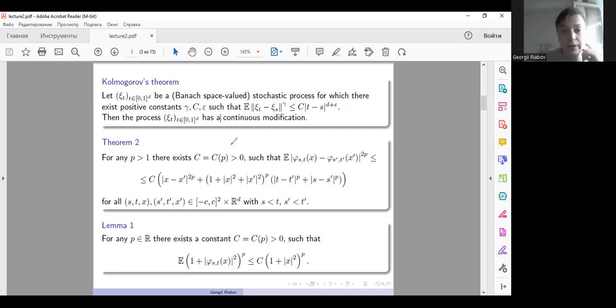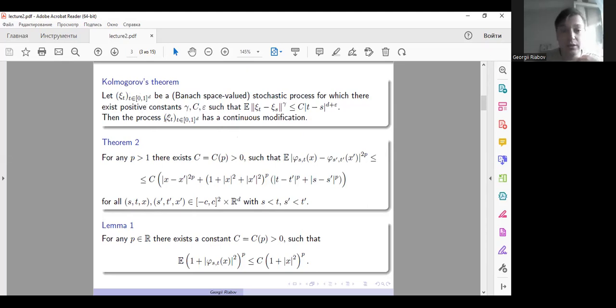To find a modification of the process phi, we will use Kolmogorov's theorem. So let me remind it. Assume that we have a process xi indexed by a d-dimensional cube.